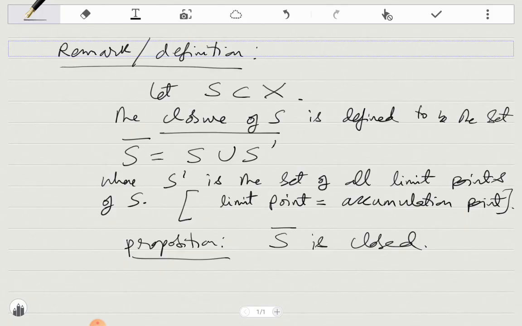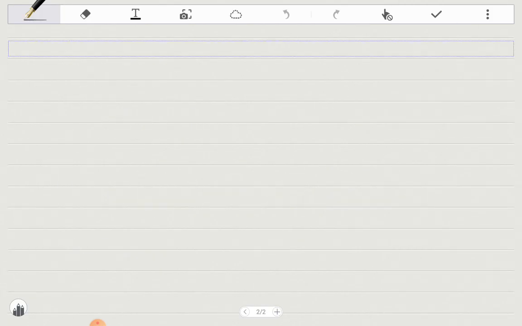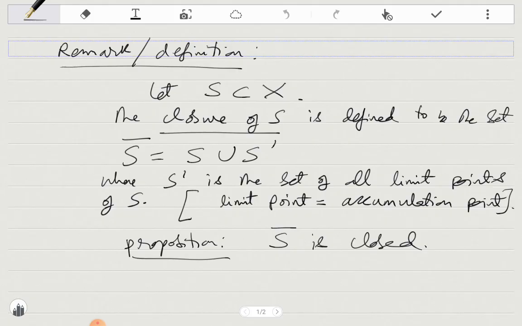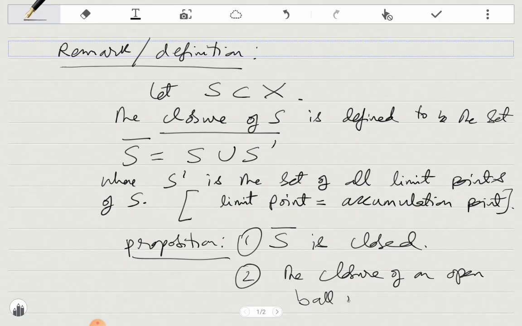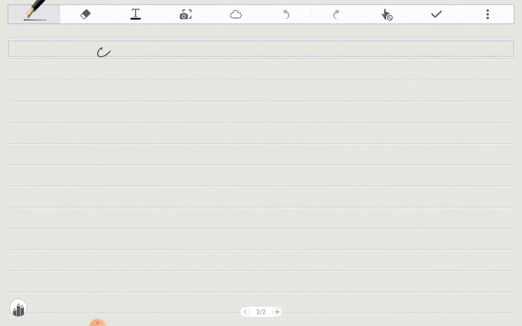Okay. Well, let me add it as 1. Second thing is, as I mentioned earlier, the closure of an open ball is the corresponding closed ball.